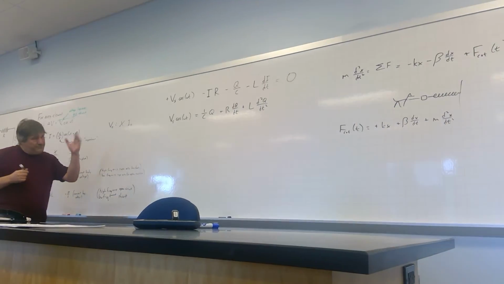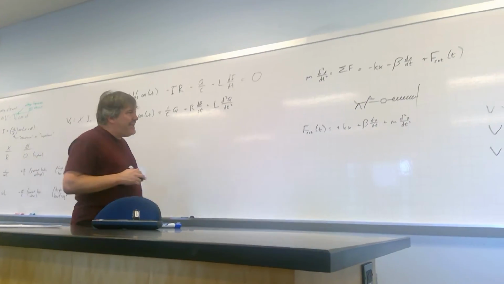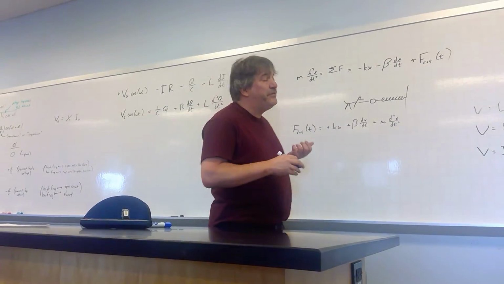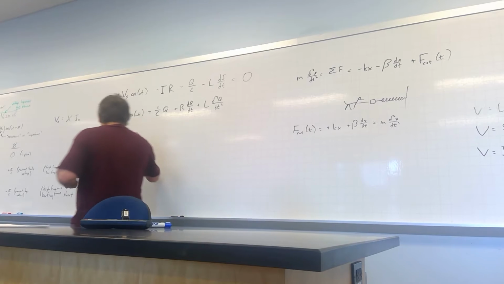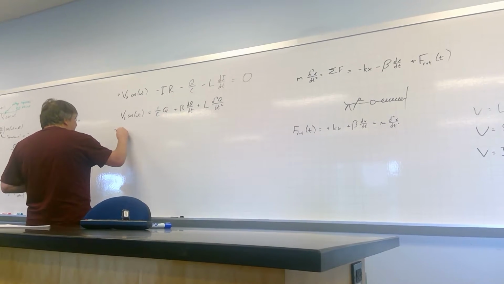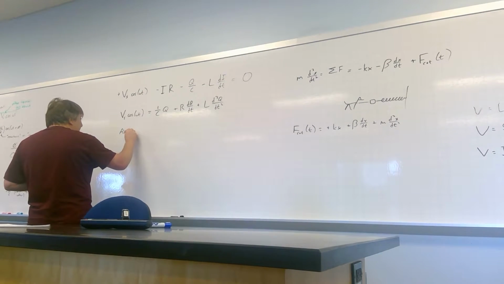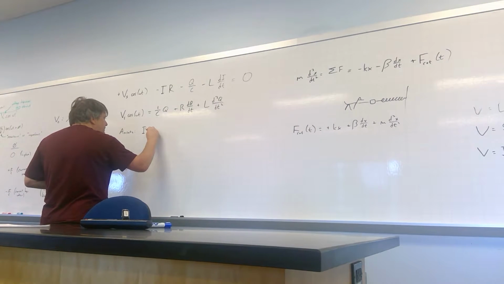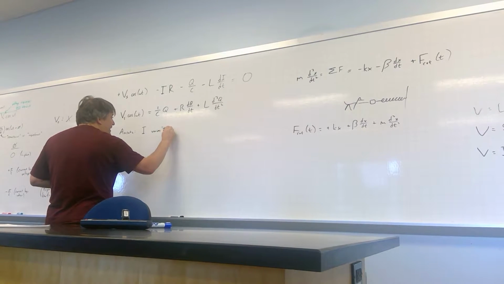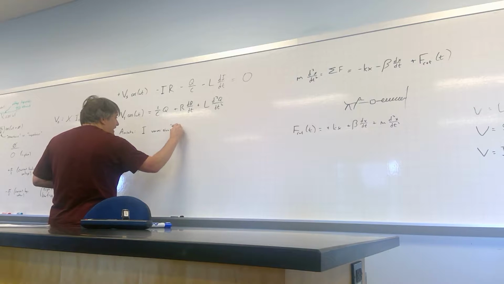But what I'd like to show you today is one use we can get out of those phasors that we were talking about last week. So I am going to propose an ansatz. I do think that the current running back and forth through that circuit varies sinusoidally. In other words, it is a sine or a cosine.